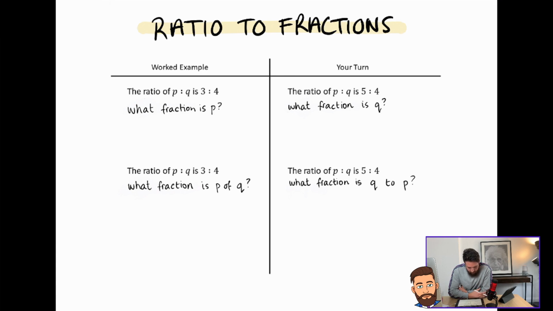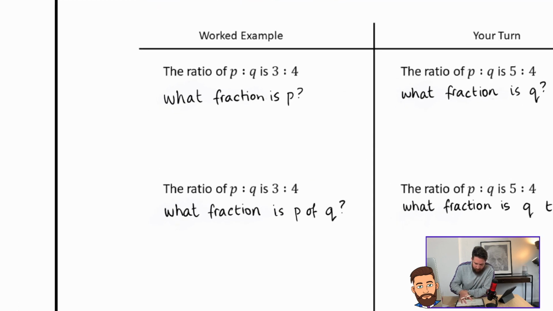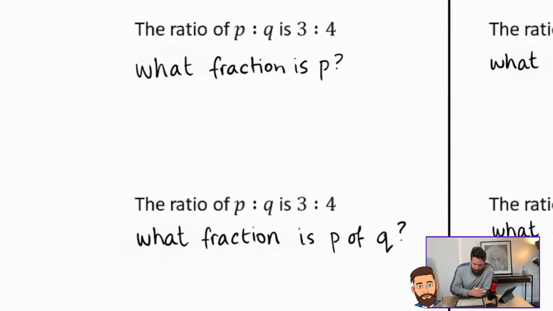So we'll look at now ratios to fractions. We can write ratios as a fraction in 2 different ways. So if we look at this first worked example, it says the ratio of P to Q is 3 to 4. The first thing I'd always stress for you to do when doing ratio questions is to write this in the way I was just writing my ratios a second ago, where they're stacked on top of each other with a total column.